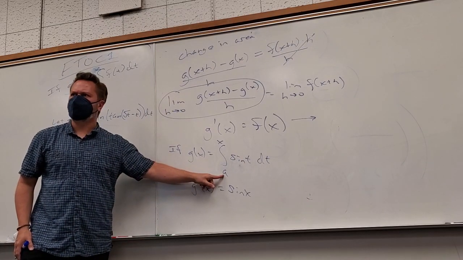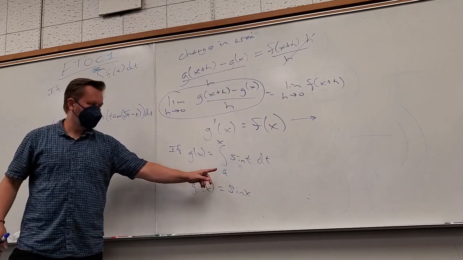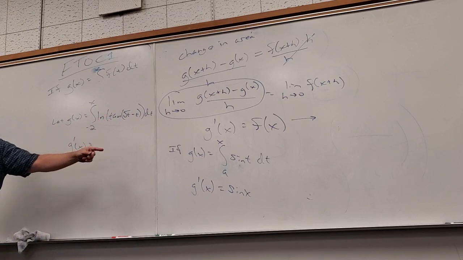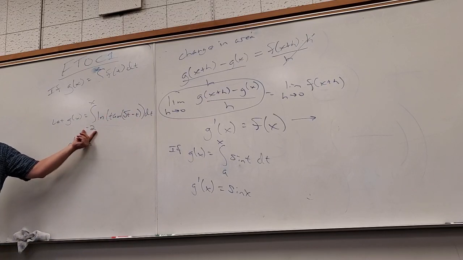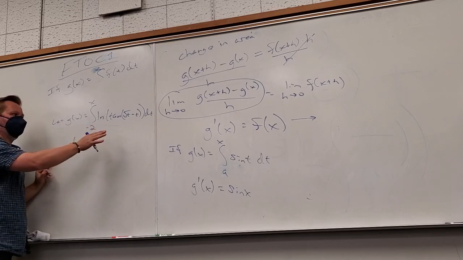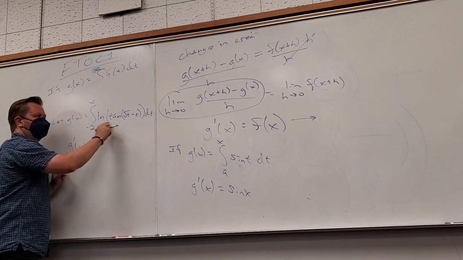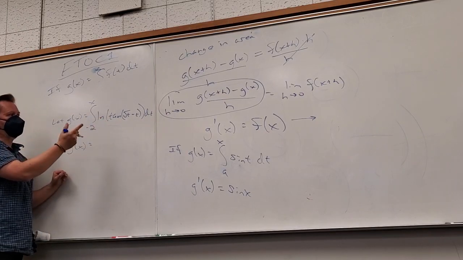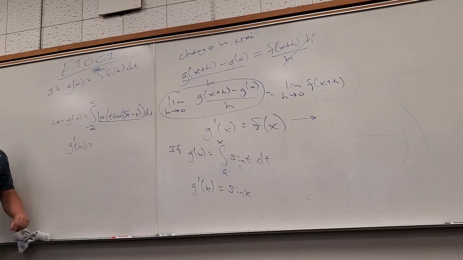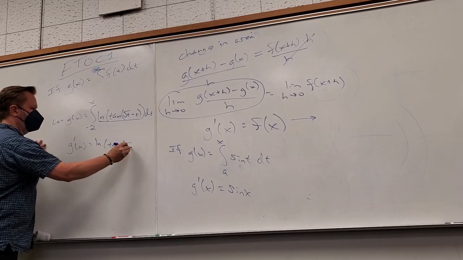In general, it's a constant, but in this specific one, I'm telling you what a is. As long as this is a constant, we don't care. What's the beautiful thing about this derivative? Do you have to actually do the integral? No. What's f of t? So what's the answer? ln of tangent of square root of x minus x.